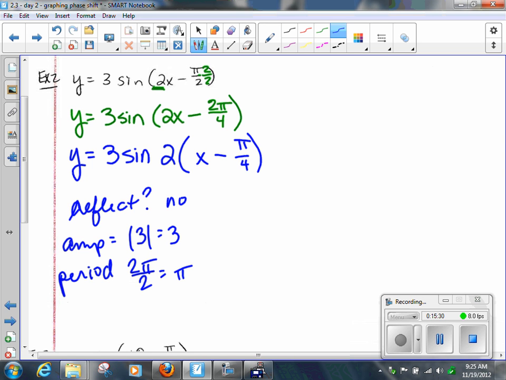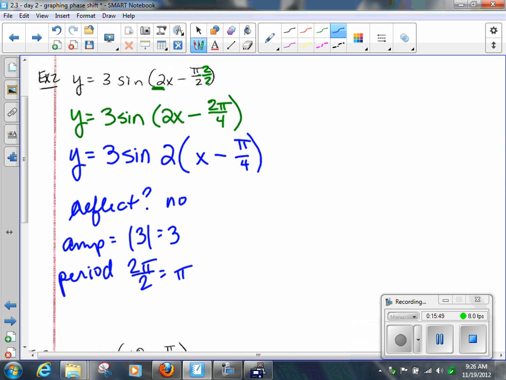It is 2 pi divided by whatever that number is, but what is the period of the function, of the curve? The units? Say it again. Say it loud so everybody can hear you.